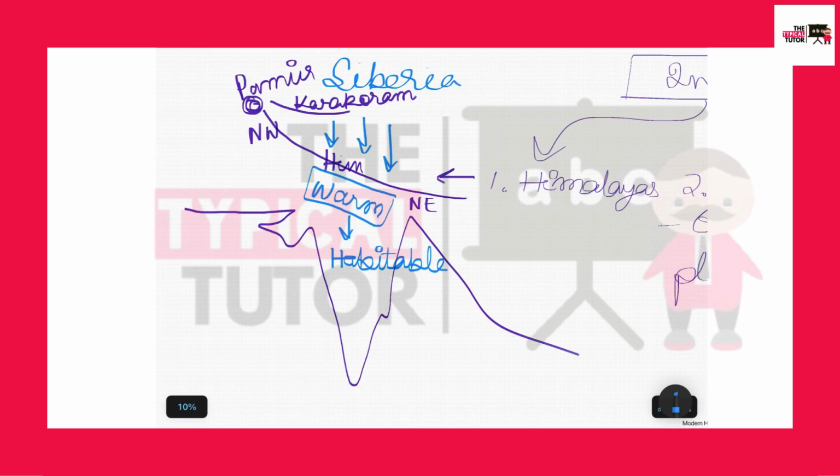Now, though the Himalayas are kind of impermeable from the northern side, from the northwestern side the story is slightly different. There are several mountain ranges on this side, as you can see. First is the Hindu Kush.